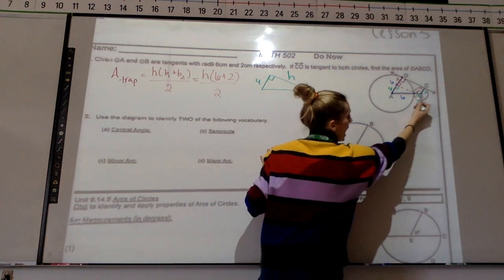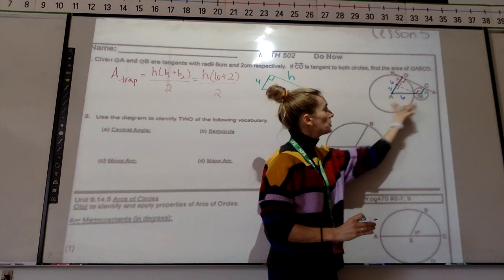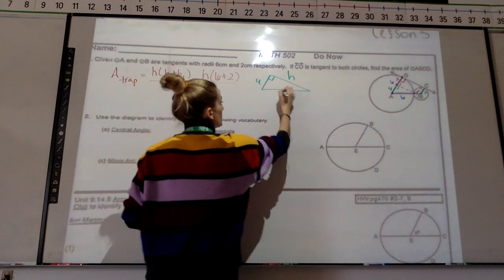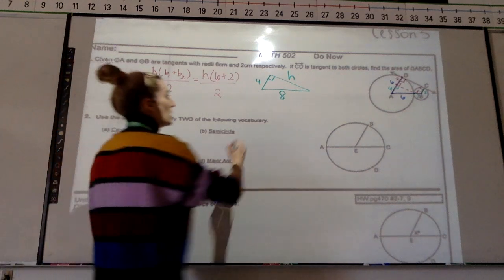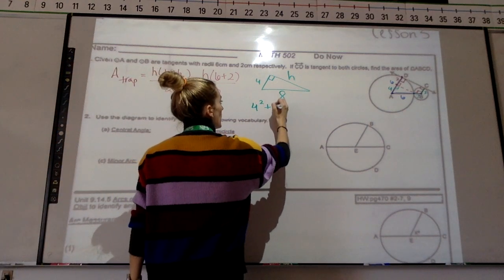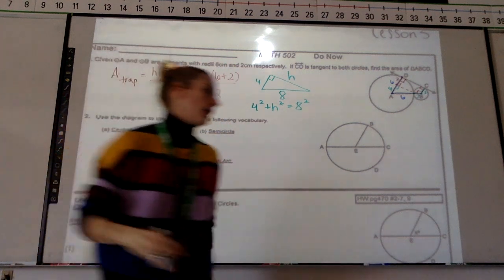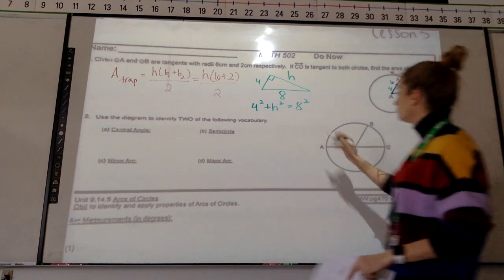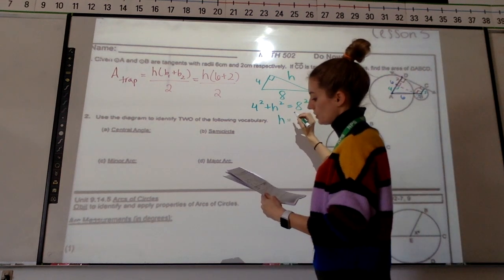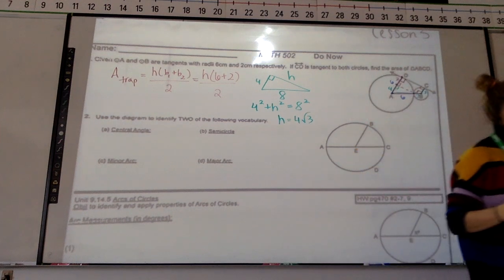And I know the entire length of the base of that right triangle is 6 plus 2. It's the 2 radii put together. So the entire base of it is 8. And so from here, it's Pythagorean theorem to solve for h. So it's 4 squared plus h squared equals 8 squared. I know you guys can do the math. So once you figure out what h is, you should be getting h equals 4 root 3 when you actually simplify.